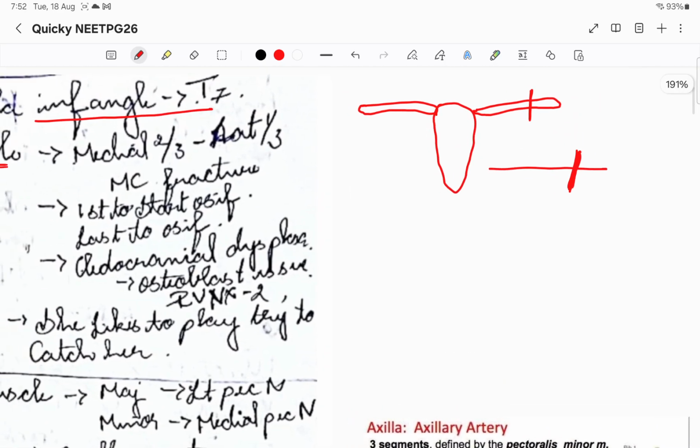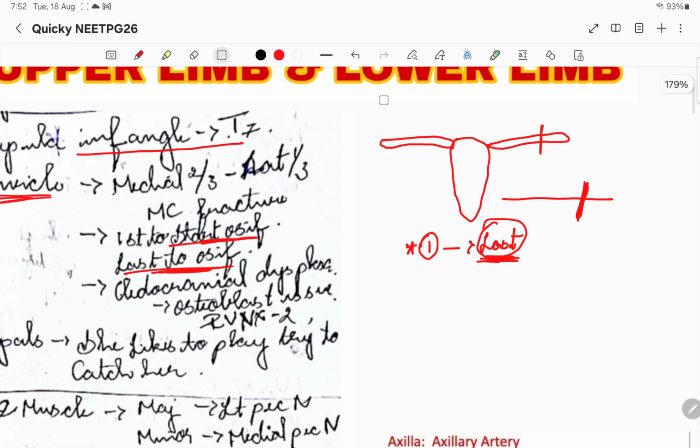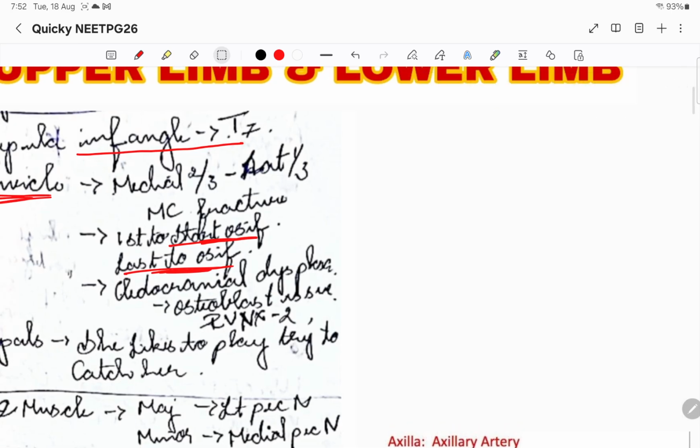One more point about the clavicle is that it is the first bone to start ossification and the last to get ossified. It is the first one to begin with, but it is the last one where the ossification will stop. Those are the 2 points that you will have to remember in clavicle.